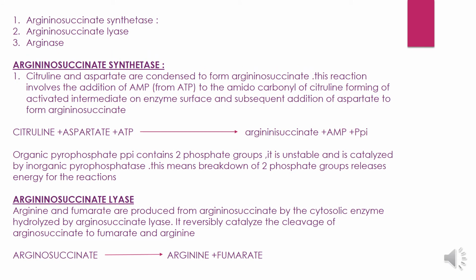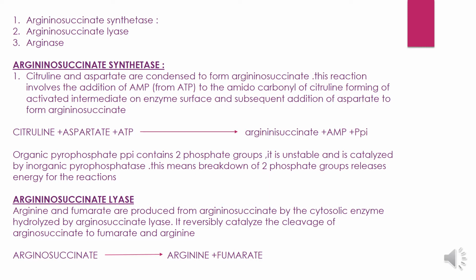Now, argininosuccinate synthetase, argininosuccinate lyase and arginase come into the picture. Argininosuccinate synthetase: citrulline and aspartate are condensed to form argininosuccinate. This reaction involves the addition of AMP to the amido carbonyl of citrulline, forming an activated intermediate on the enzyme surface, and subsequent addition of aspartate to form argininosuccinate.